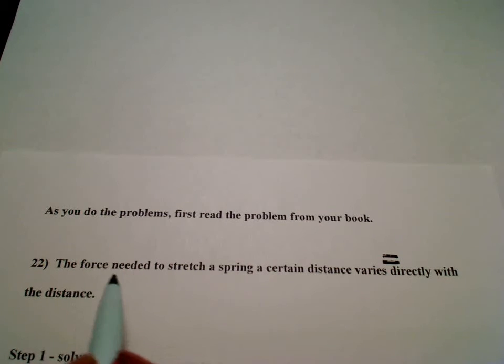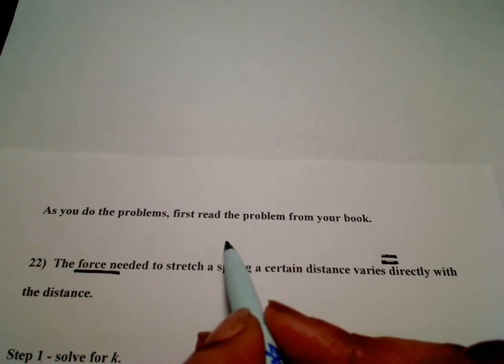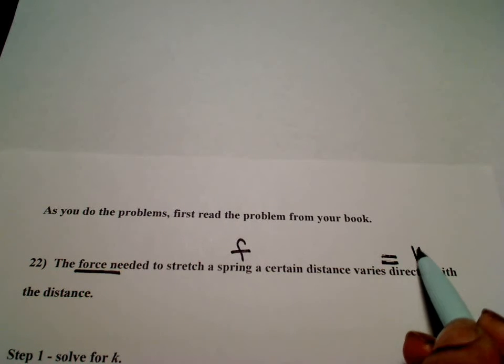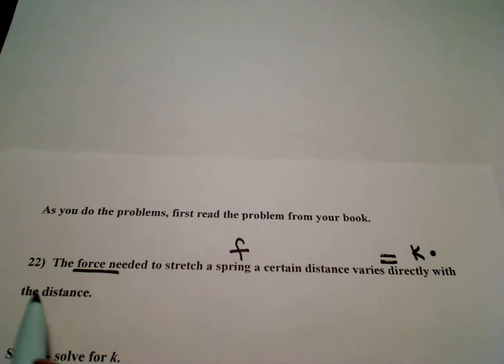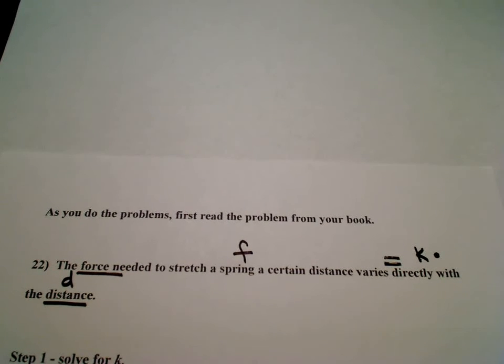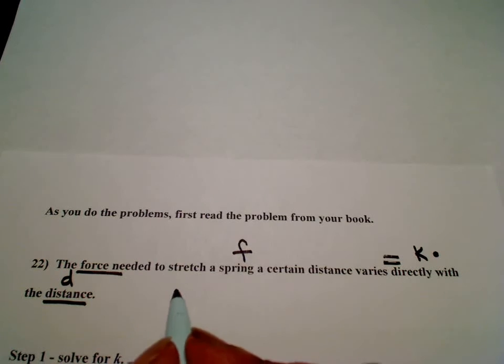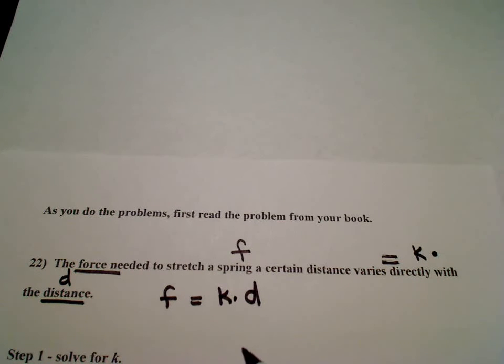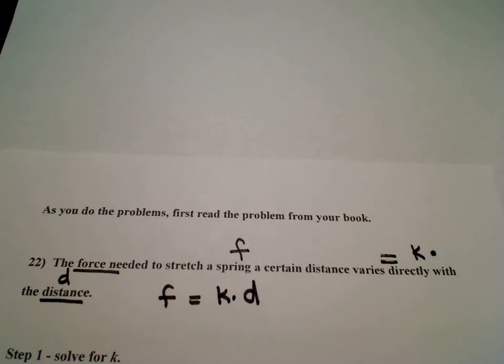K is a constant, so I have f equals k times d. That's going to be the formula that you're going to use.